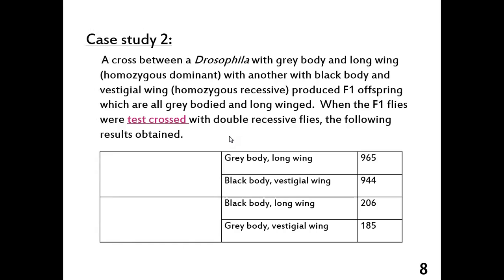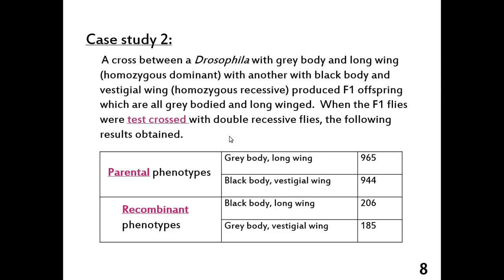Let's look into case study 2, and try to factor recombinant frequency into this question. In this question, we are again looking at F1 flies that are test crossed with double recessive flies, and they show you the results of the 4 phenotypic classes obtained. There are 2 phenotypic classes larger than expected and 2 lower than expected.